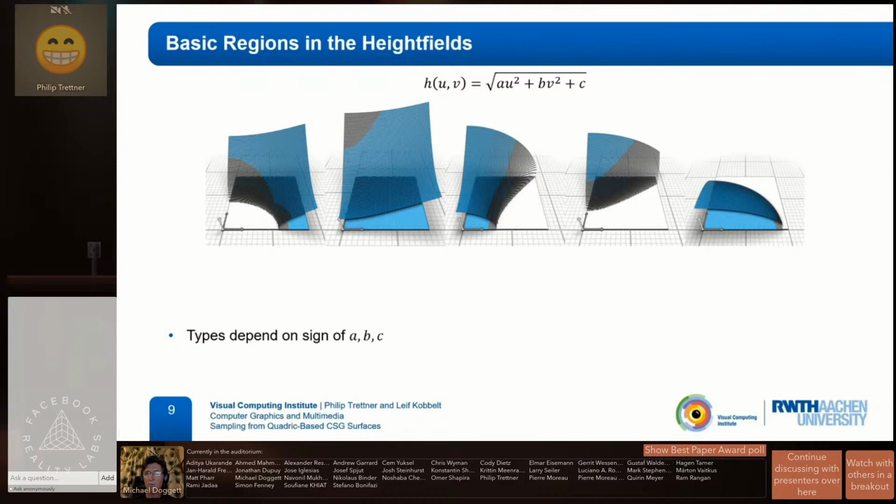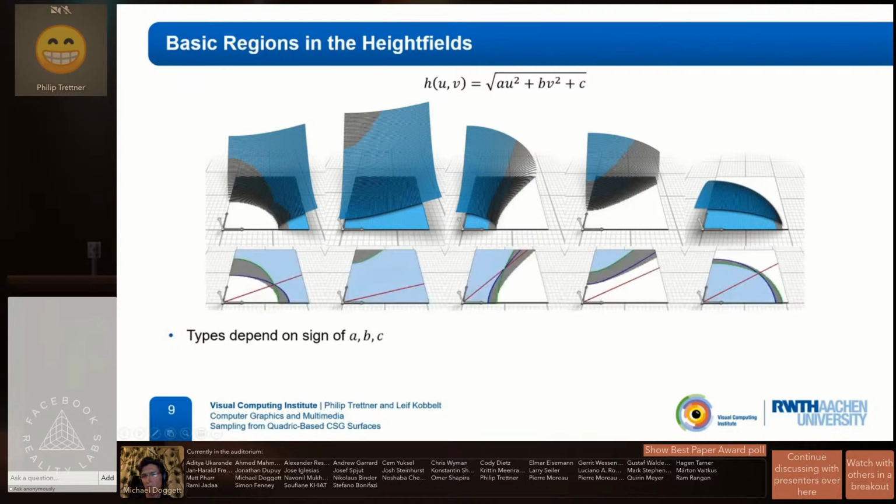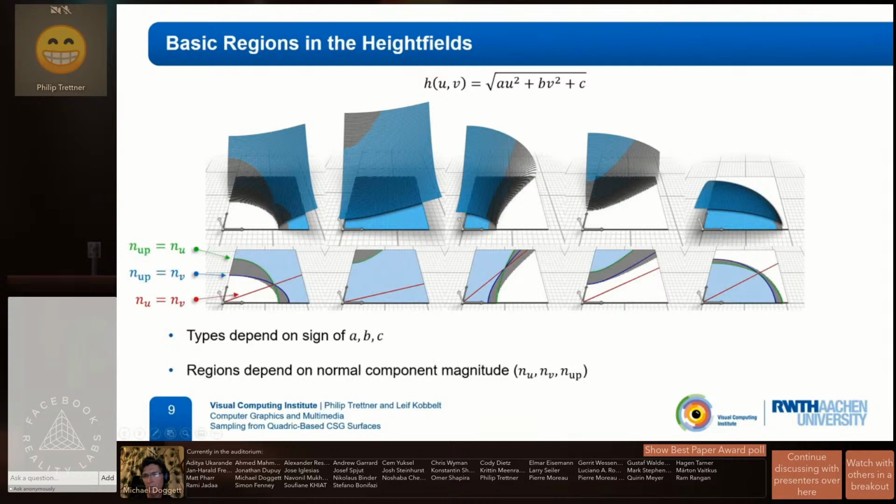And again, the details are in the paper, but what we derived are analytic boundaries of these regions. And it turns out that these are also conic sections in 2D, and we were able to derive their formulas by looking at the normal component of the height field.